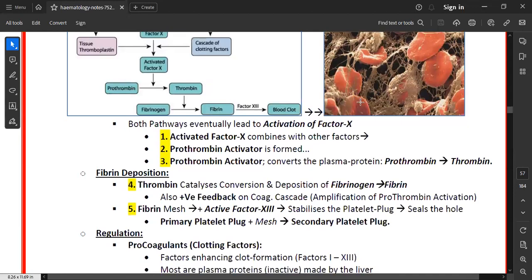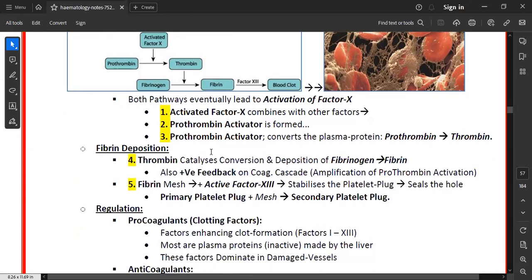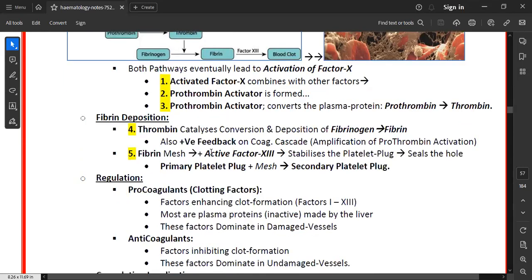Yeah, so both pathways eventually lead to activation of factor 10. And then factor 10 combines with the other factors like factor 5 and calcium to form prothrombin activator complex. The prothrombin activator complex is what converts prothrombin to thrombin. Then thrombin changes fibrinogen to fibrin. And then the fibrin mesh is formed, which seals the hole.